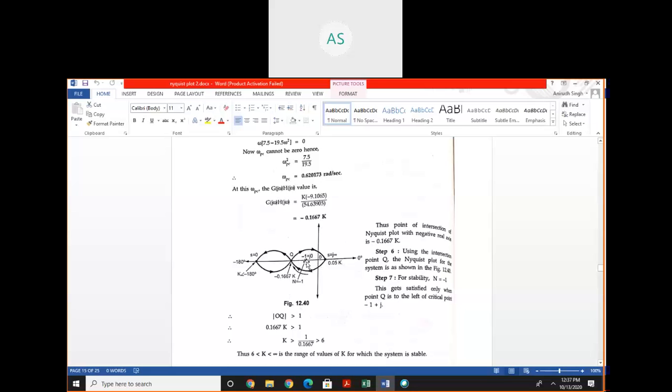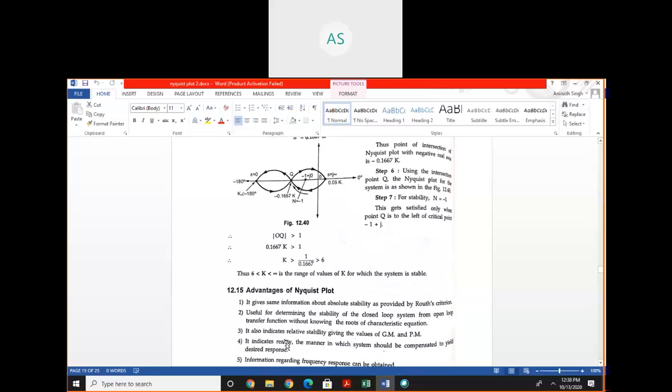In this case, this minus 1 is encircled in the anti-clockwise direction, so N is equal to minus 1. So this system is a stable system.